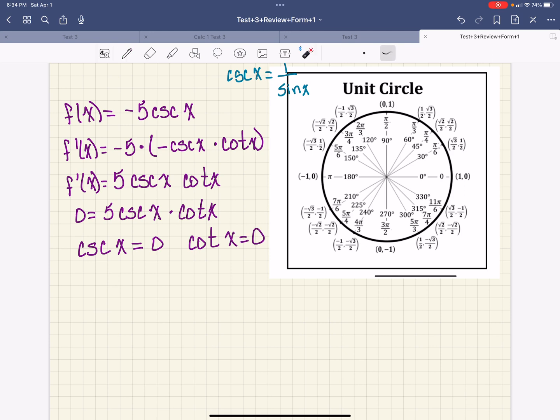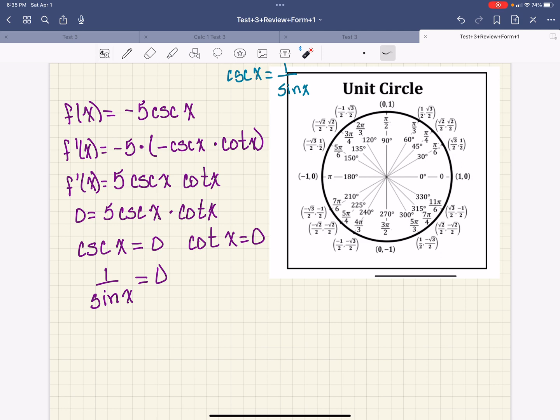Now, cosecant of x is 1 over sine of x. Sine of x is 0 at 0, pi, and 2 pi, but I can't have 1 over 0.